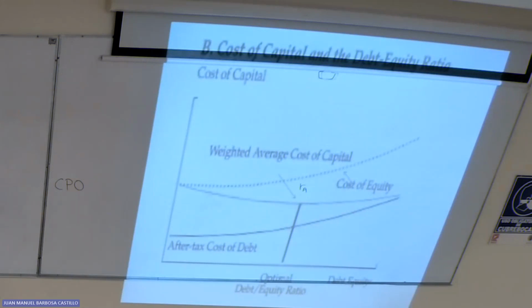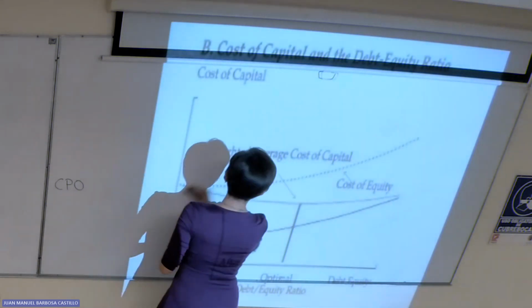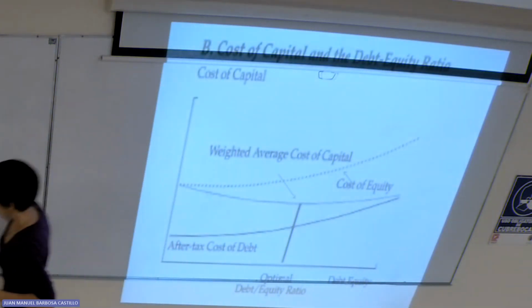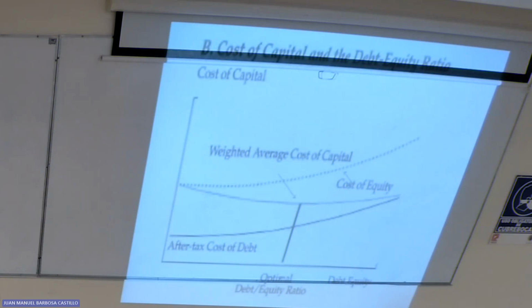When we allow for the presence of taxes in our model, what happens is that if I start including a greater proportion of debt, which is usually cheaper than equity, the cost will start to decrease because I am using cheaper bonds proportionally.